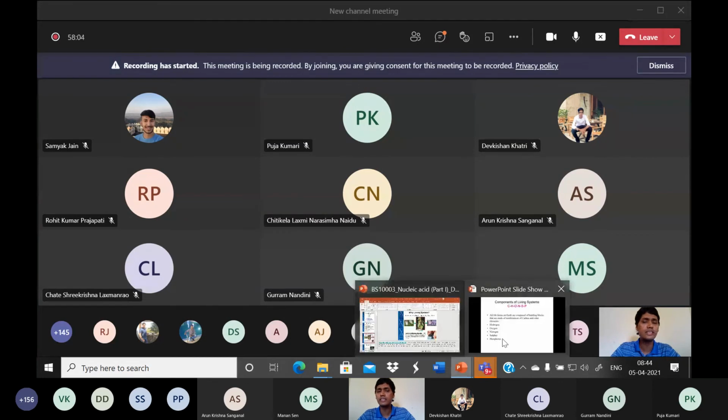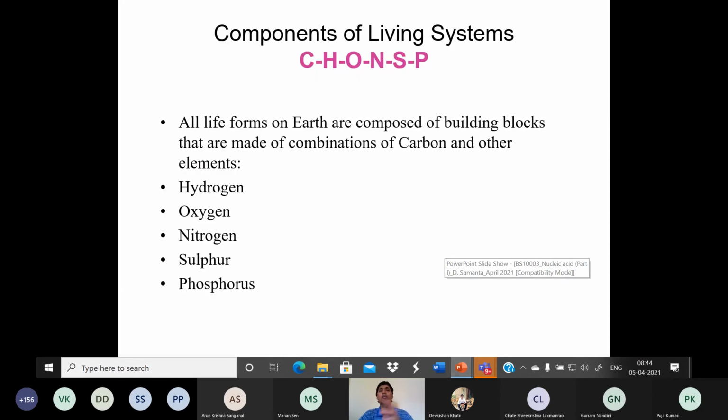So let's discuss our components of living systems. All life forms on Earth are composed of building blocks that are made of a combination of carbon and other elements. Carbon should be there, and then hydrogen, oxygen, nitrogen, sulfur, phosphorus. So those atoms are present.